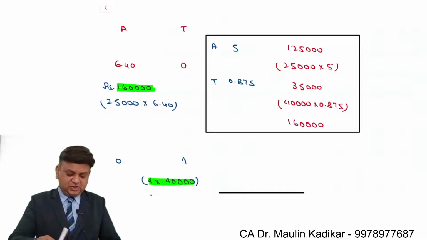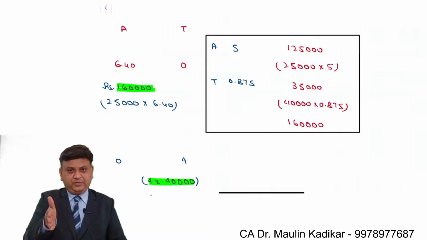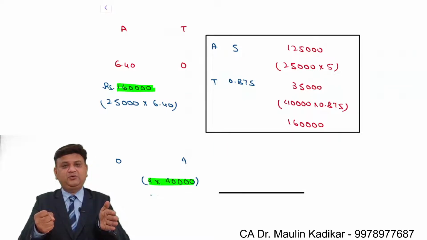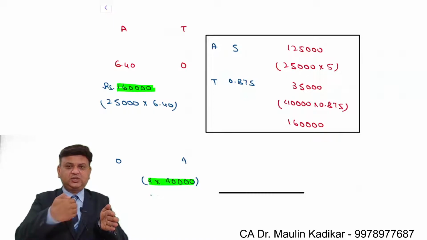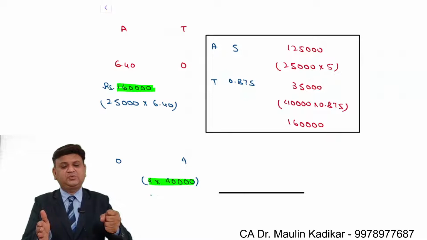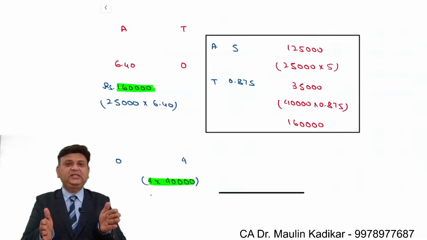So any exchange ratio which is falling between 0.2841 and 0.575 will give profit to the shareholders of both the companies. If the acquiring company has higher negotiation power, then the exchange ratio will be near to 0.2841, and if the target company has more negotiation power, then the exchange ratio will be near to 0.575.